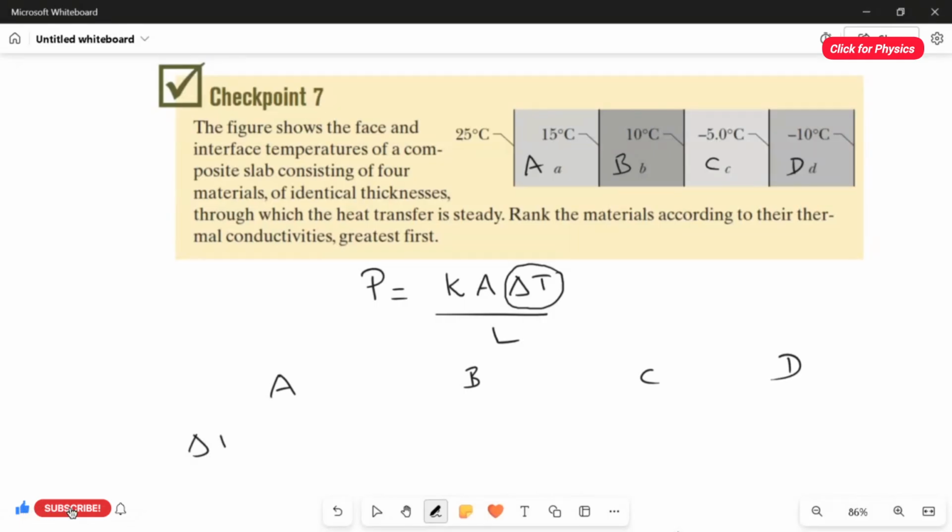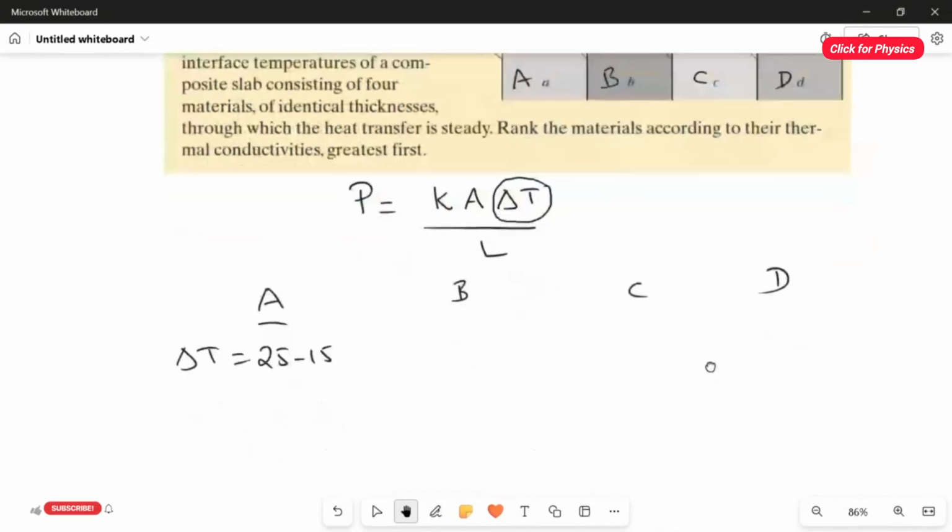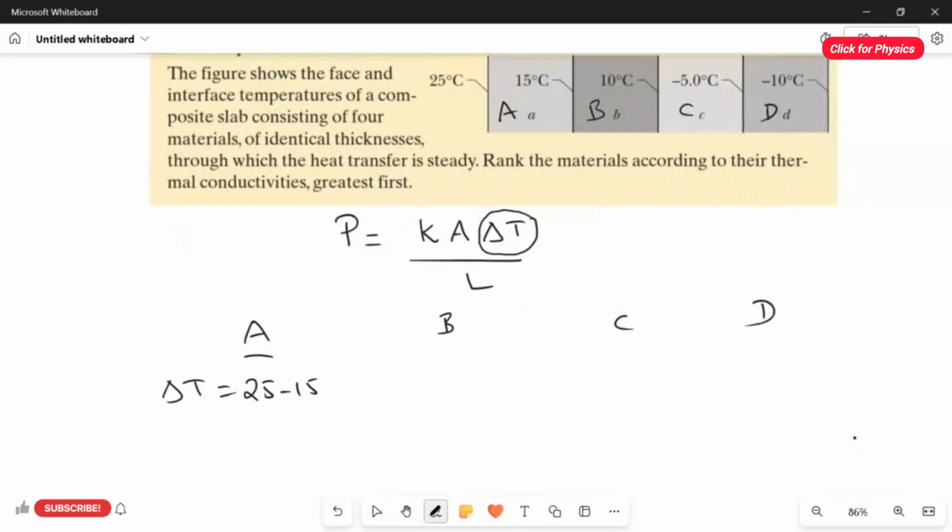Let's find the delta T for material A. What is delta T? 25 minus 15, we got 10 Celsius degrees. Likewise for material B, the delta T value, final temperature 15 minus 10 degrees, you get 5 Celsius degrees.